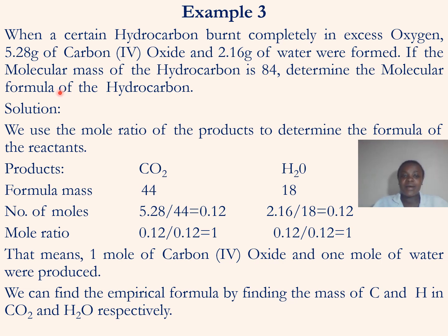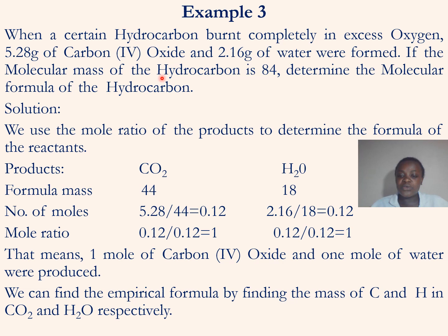If the molecular mass of the hydrocarbon is 84 grams, so we are given the molecular mass, determine the molecular formula of this compound. So here, remember, we are not given the reactants, but we are given the products.